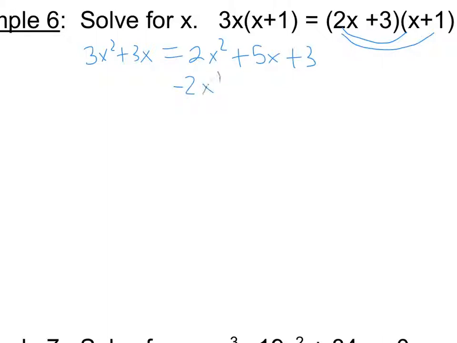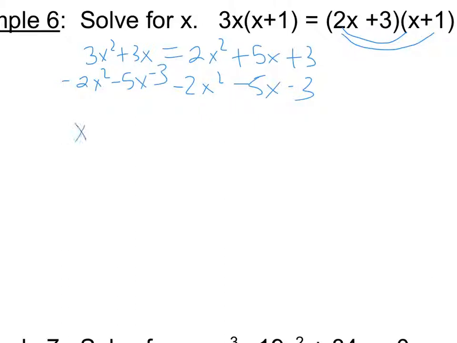Subtract these over. Why am I doing that over here? Because if you look, you have 3x squared here and 2x squared here. So if I subtract 2, it's going to keep it positive. If I was to subtract 3, it would make it negative. Okay? So subtract the 2x squared, subtract the 5x, and subtract the 3.